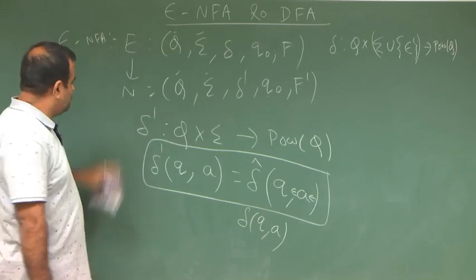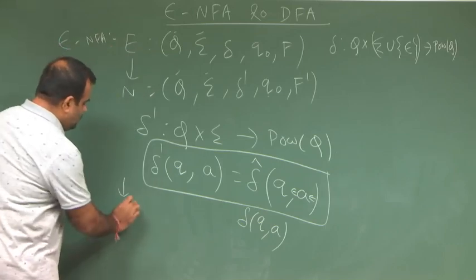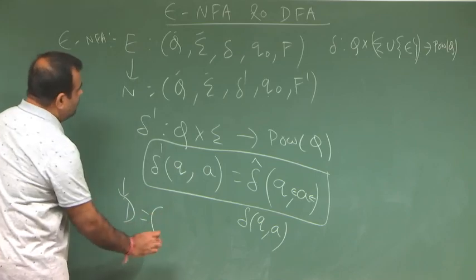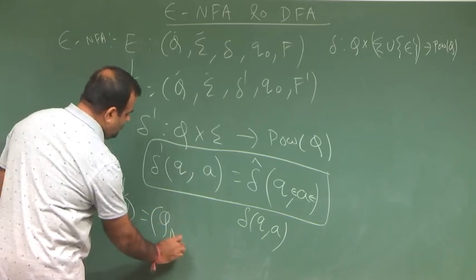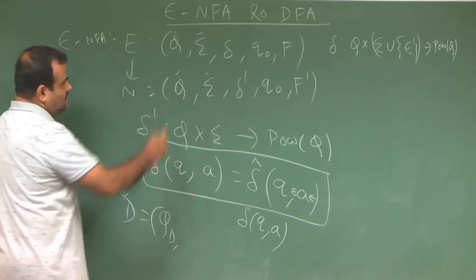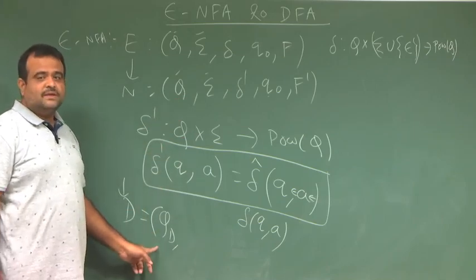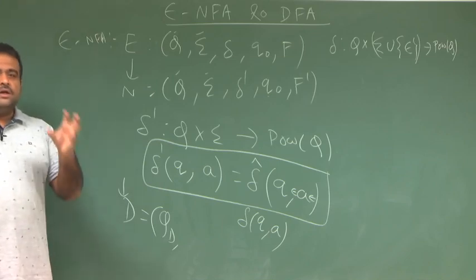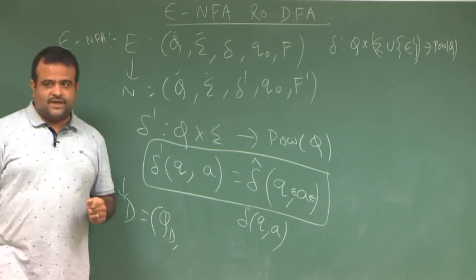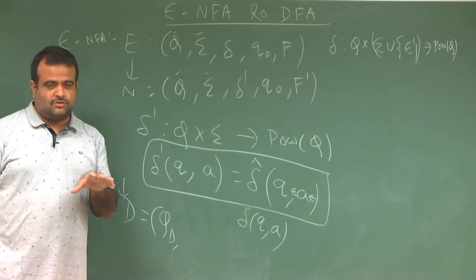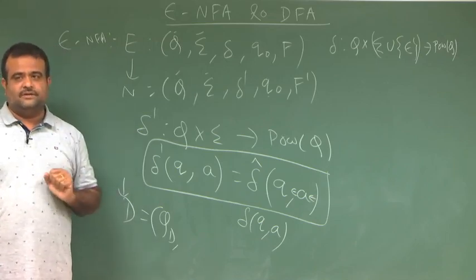So from the ε-NFA we have constructed the NFA, and from the NFA we can construct a DFA, with Q_D being basically the subsets of Q. But now we do not need to consider all the subsets, because some of the subsets are not reachable from the starting state. Those are called dead states.